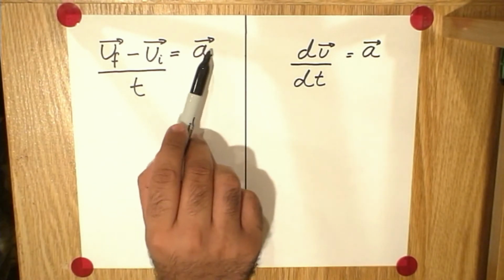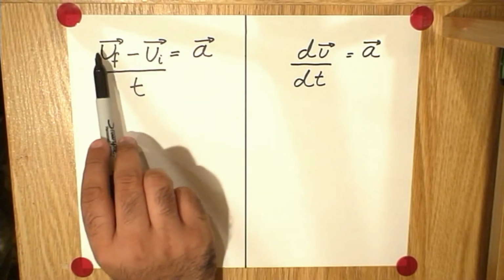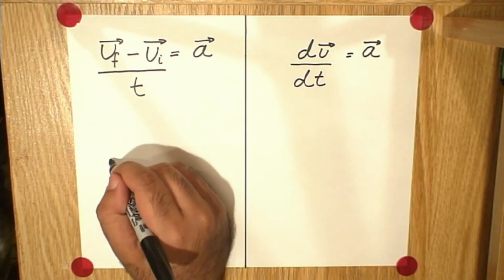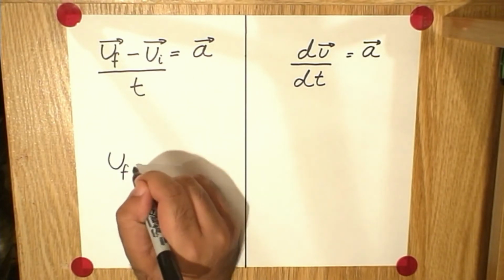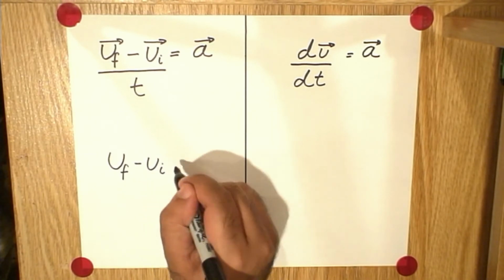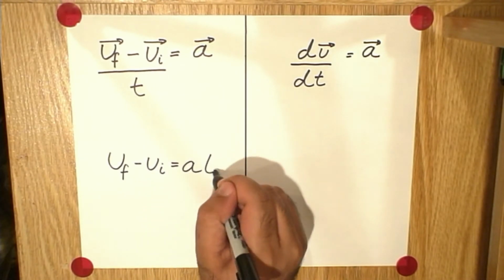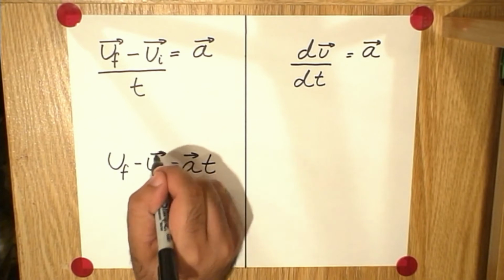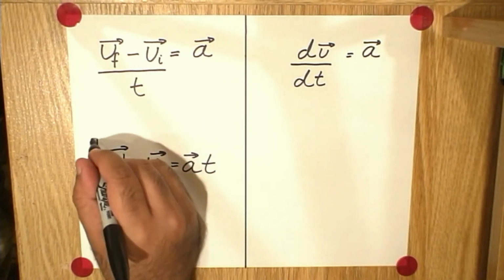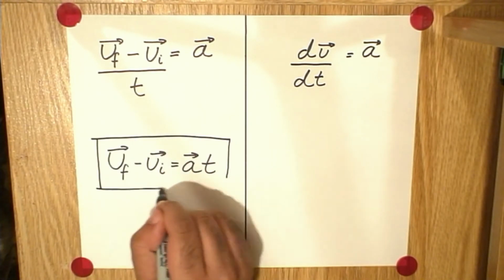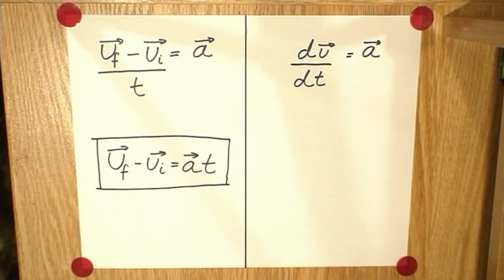I'm going to take the equation for average acceleration and multiply both sides by t. There. This is Newton's first toolbox equation.